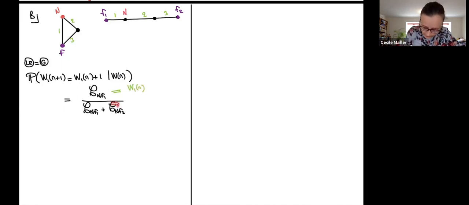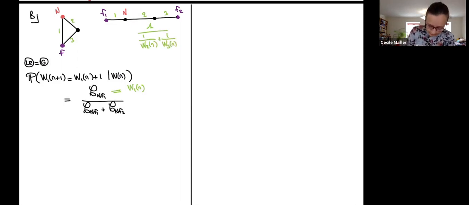And the electric conductance between n and F2, well, here you just apply the formulas you learned at school, or at least I learned them at school, of how you calculate the conductance of two resistances in series. And the formula here is a bit complicated. It's just 1 over the conductance of the first edge, which is just the weight of this edge, plus 1 over the conductance of the second edge.